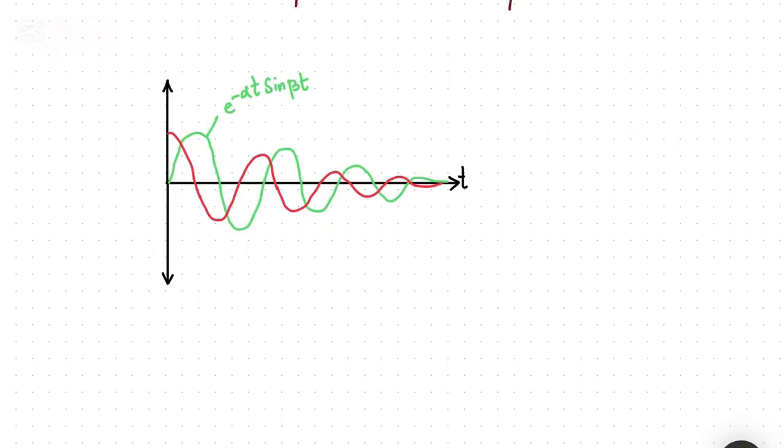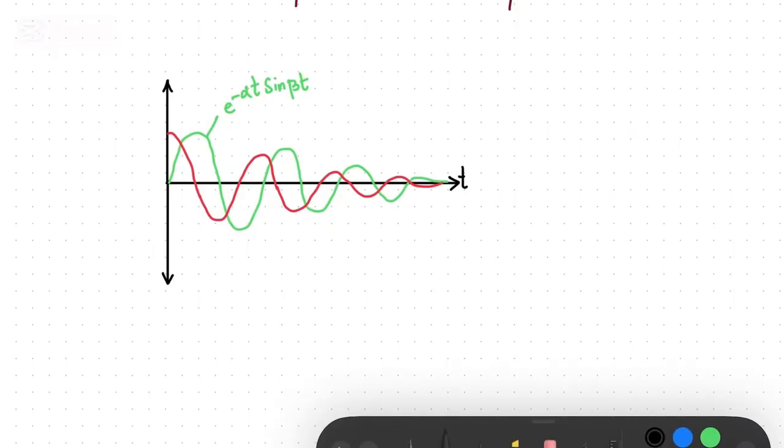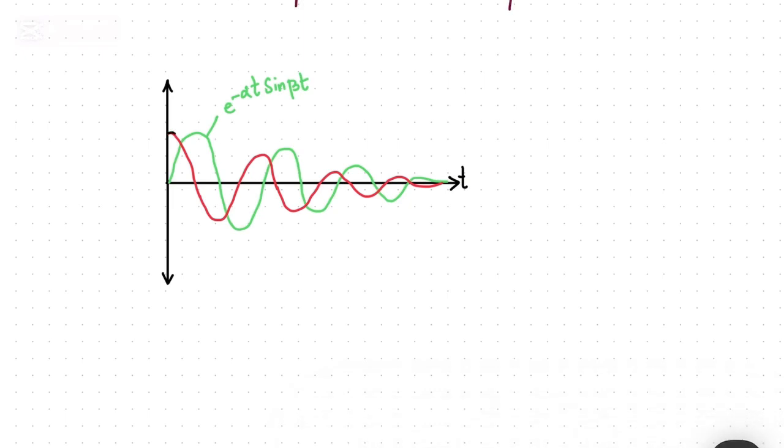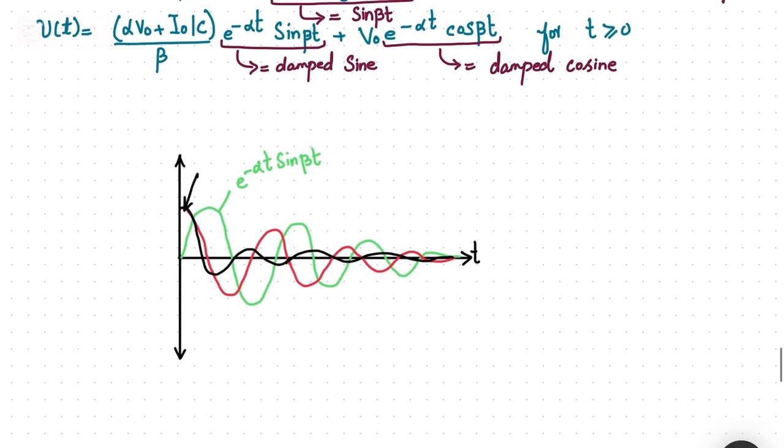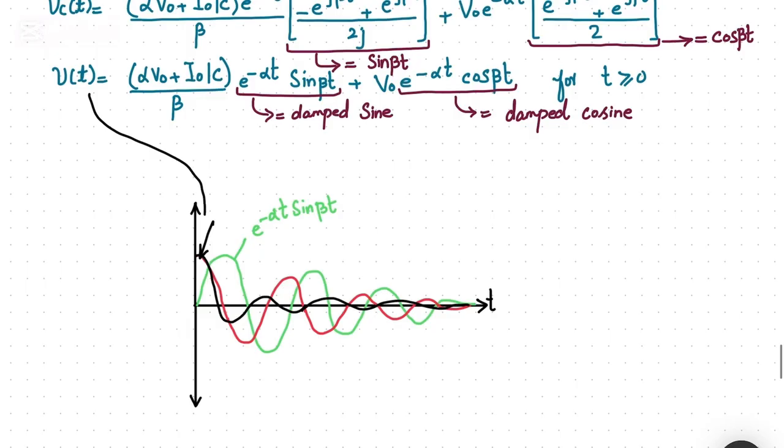When we add these two responses up, our resultant response is similar to this black waveform. This is the graph of v(t), a sum of a damped sine and a damped cosine function.